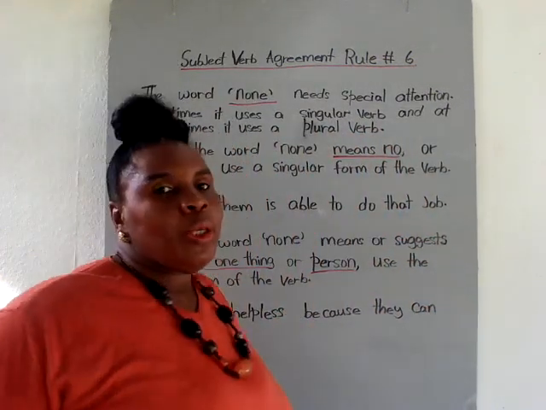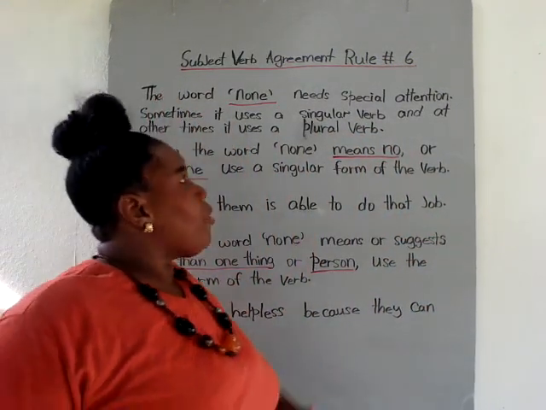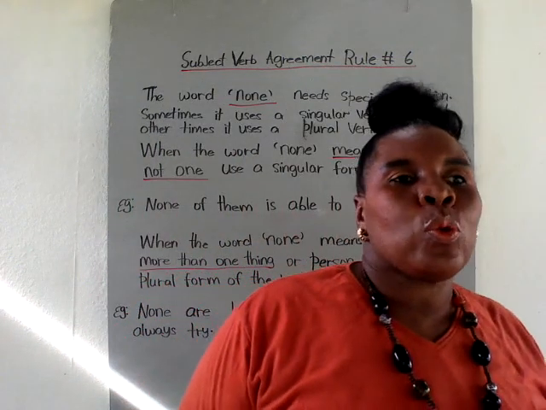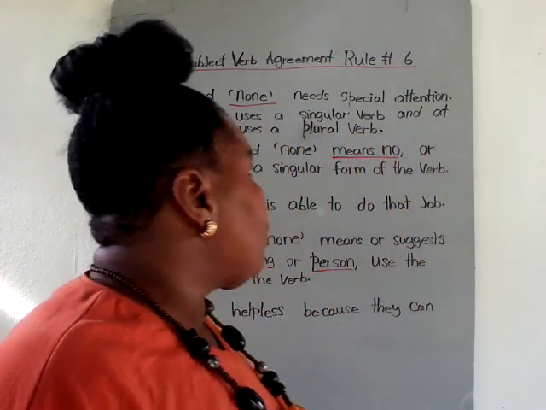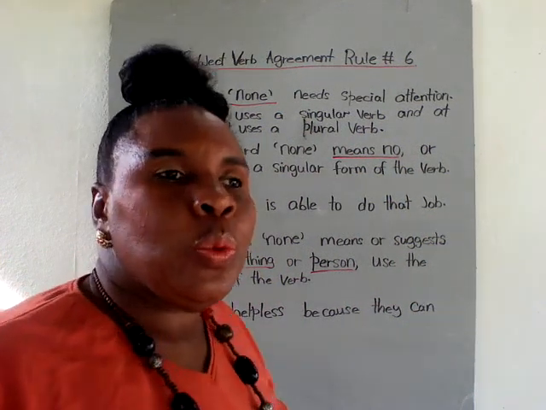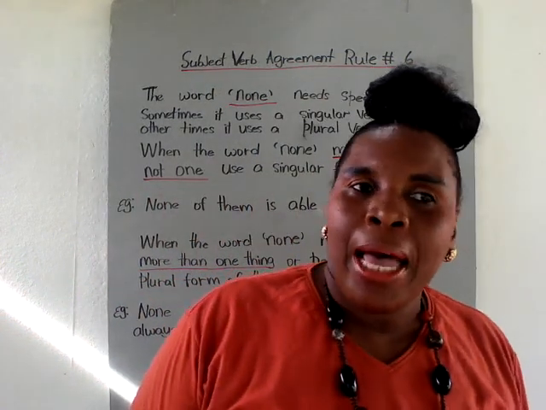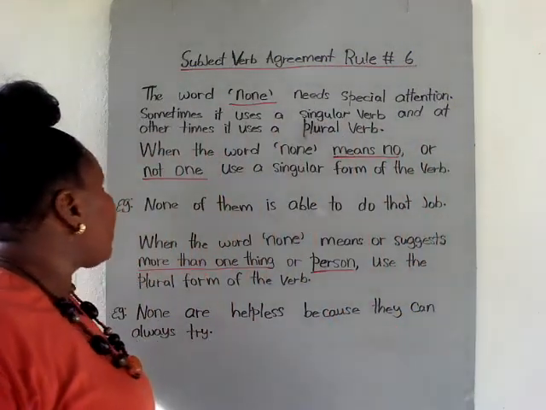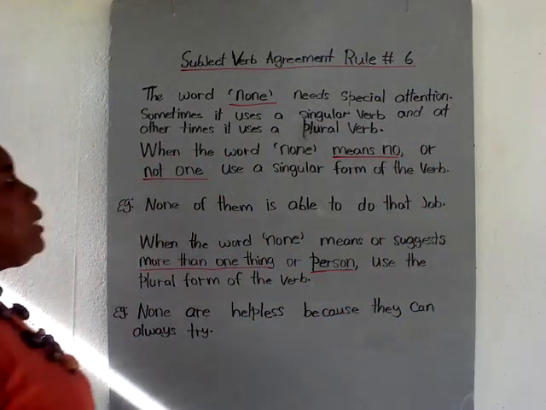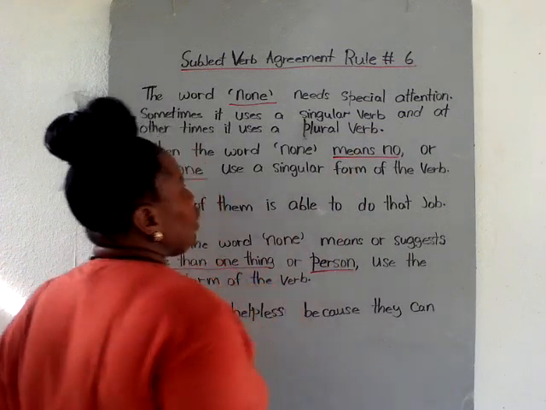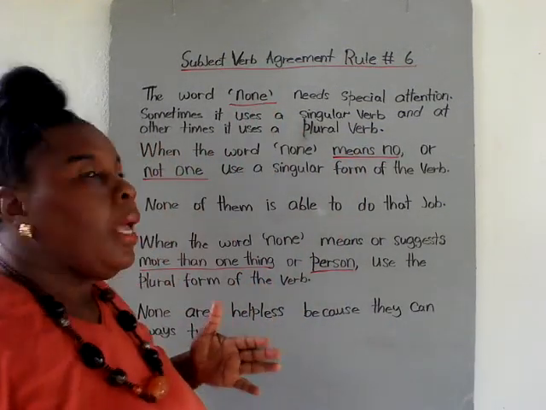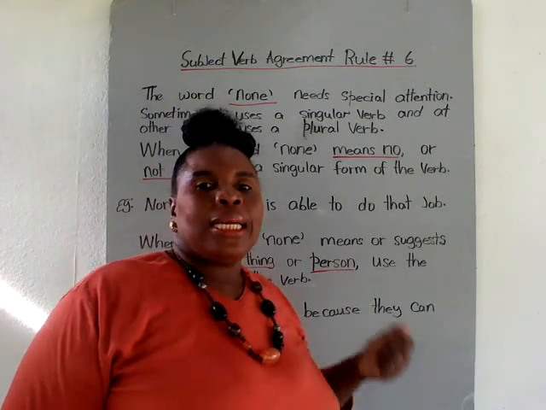Alright, today we're going to be talking about Subject Verb Agreement Rule, and we're on rule number 6. We have done rules 1, 2, 3, 4, 5, and now we're doing rule number 6. The word none, which is underlined here, needs special attention.